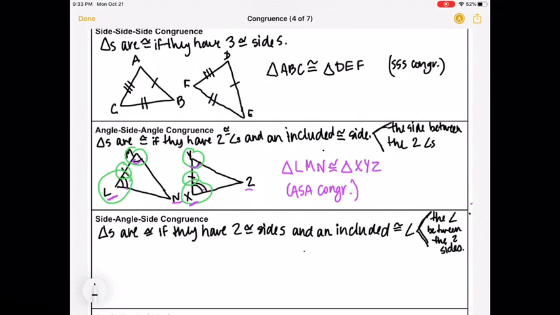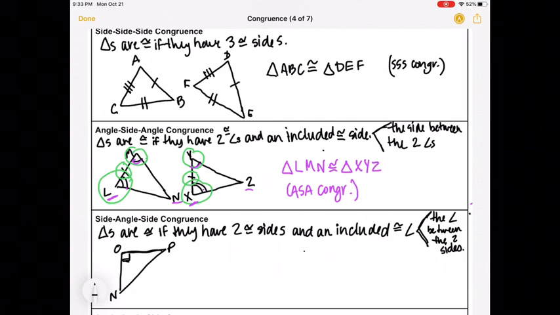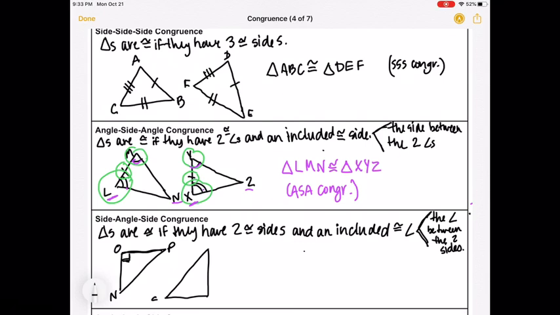All right, I'm going to draw my triangles here. I'm going to make that NOP, and this corner up here is going to be a right angle. And then I'm going to have SRQ, and that's our right angle.